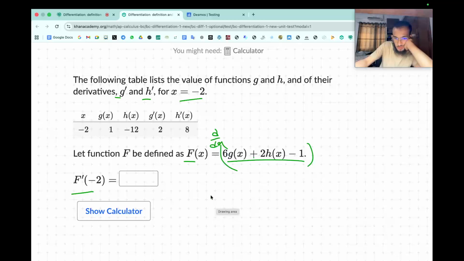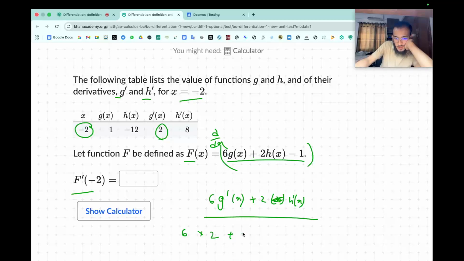Well, it's just 6g prime plus 2h prime. And when we differentiate, a constant is 0, so basically this thing. So f prime of negative 2, 6 times g prime, so it's 2, plus 2 times h prime, which is 8.